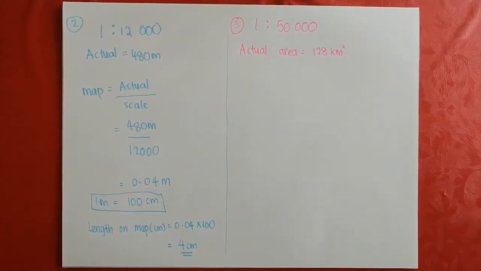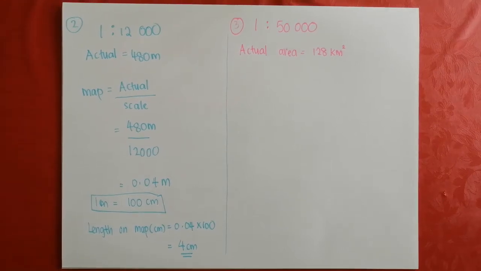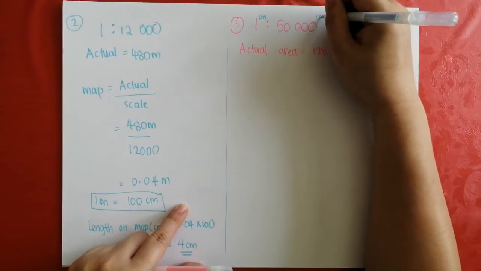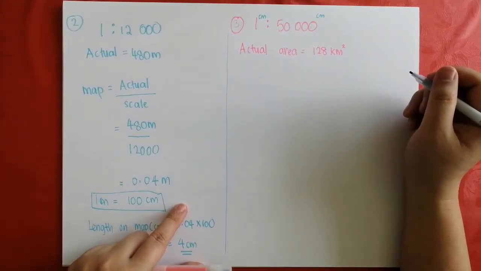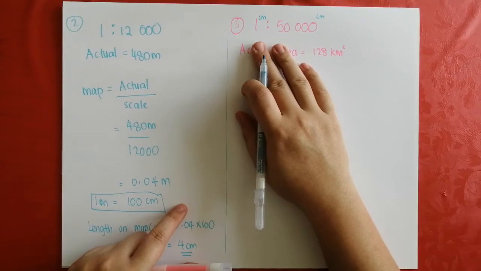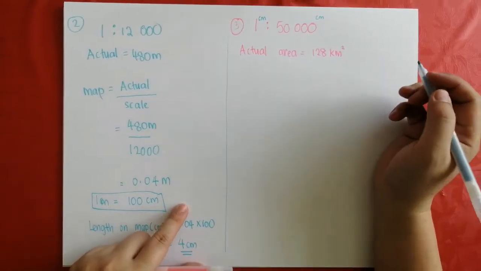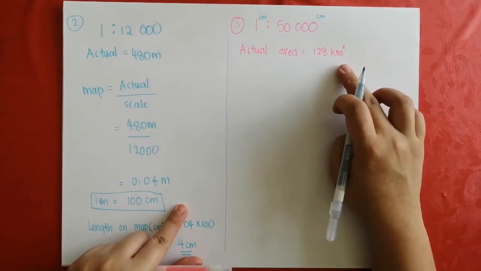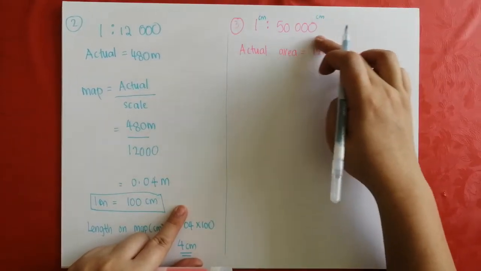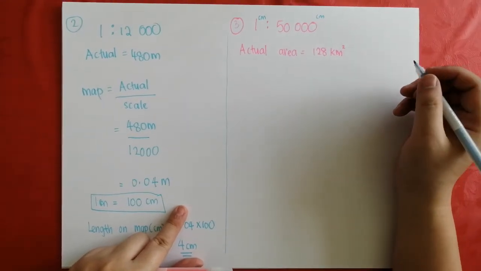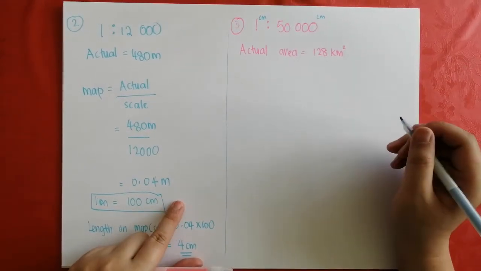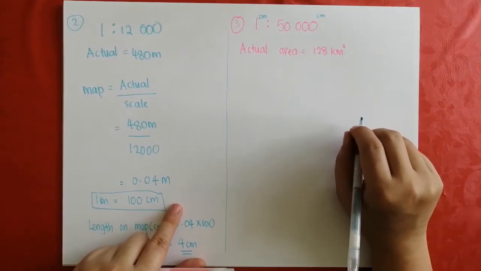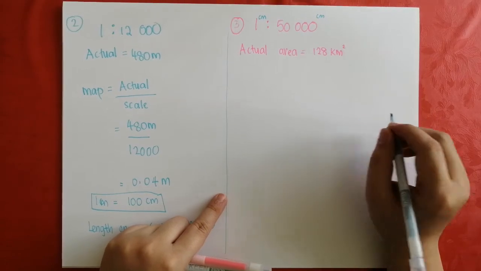Before we find the area, this scale means 1 cm represents 50,000 centimeter. 1 cm on the map is 50,000 in real life, but our actual area is in square kilometer. So we need to change this to kilometer. In order to change from centimeter to kilometer, we need to divide by 100,000.